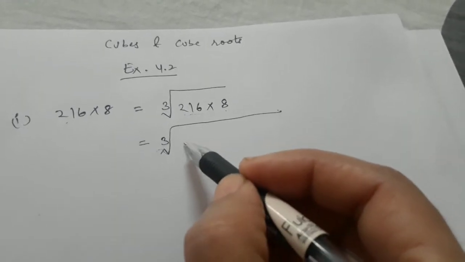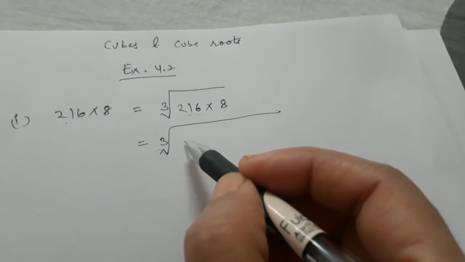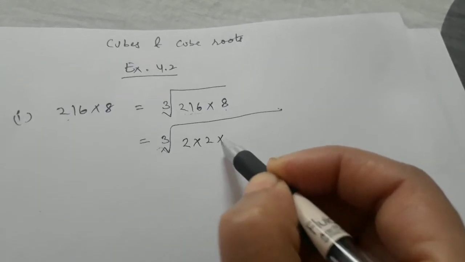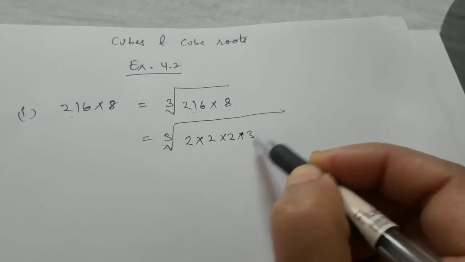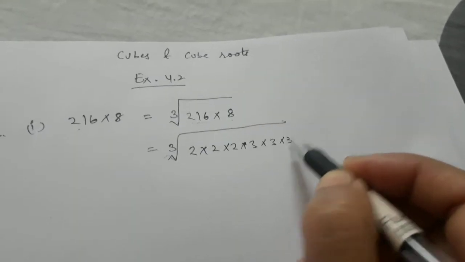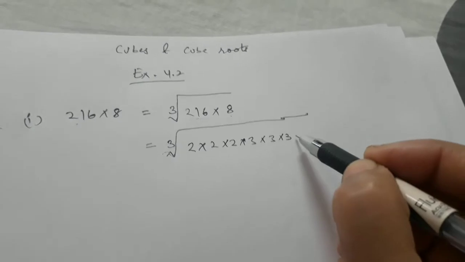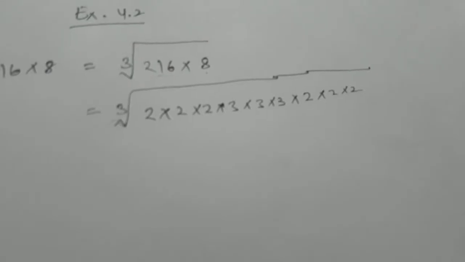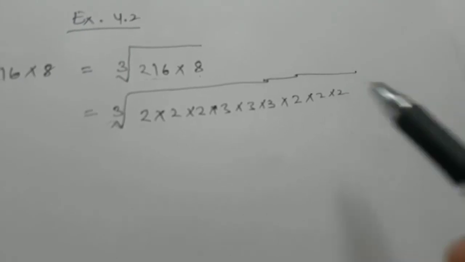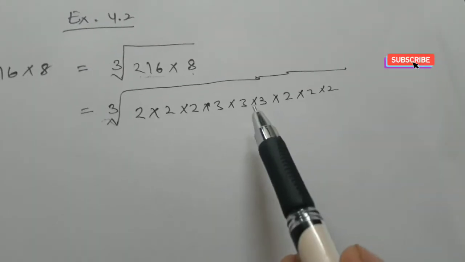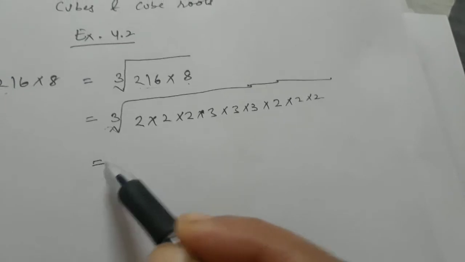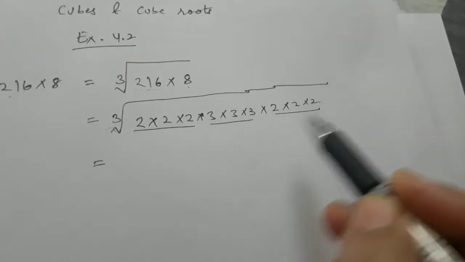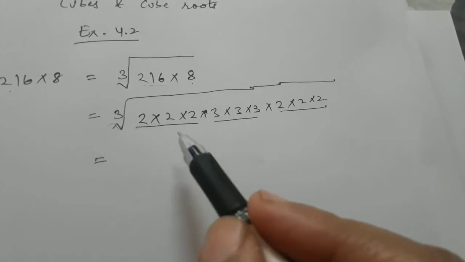The factors of 216 are 3 times 2 and 3 times 3, and factors of 8, of course, 2 times 2 times 2. So we will bring out one from each pair of 3 factors from the cube root sign.